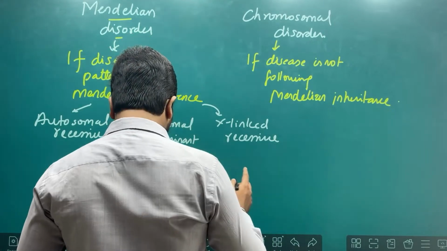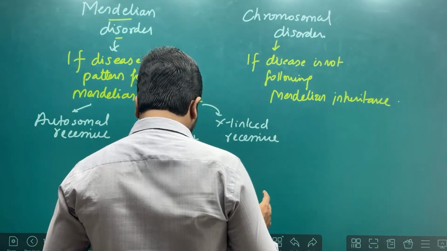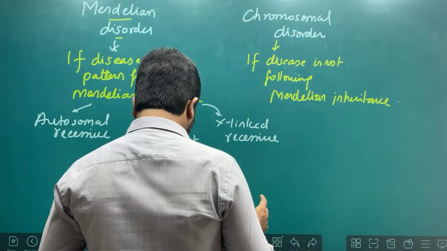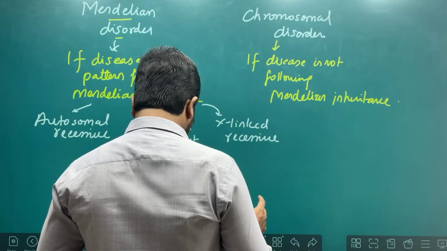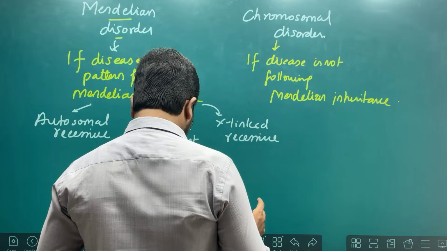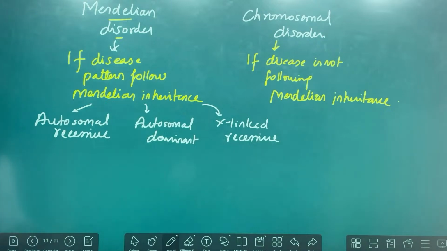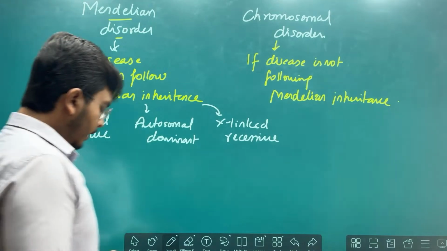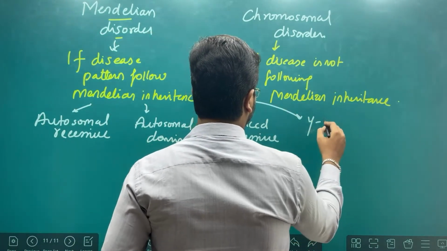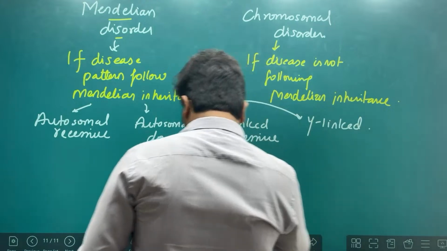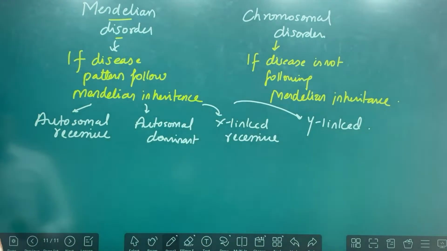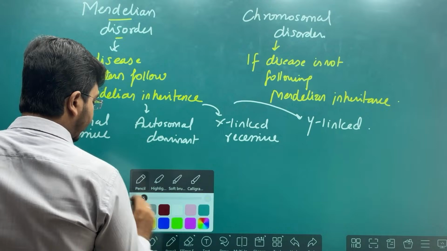Autosomal recessive, autosomal dominant, X-linked recessive, and Y-linked disorder. Okay, fine. X-linked is also called sex-linked.